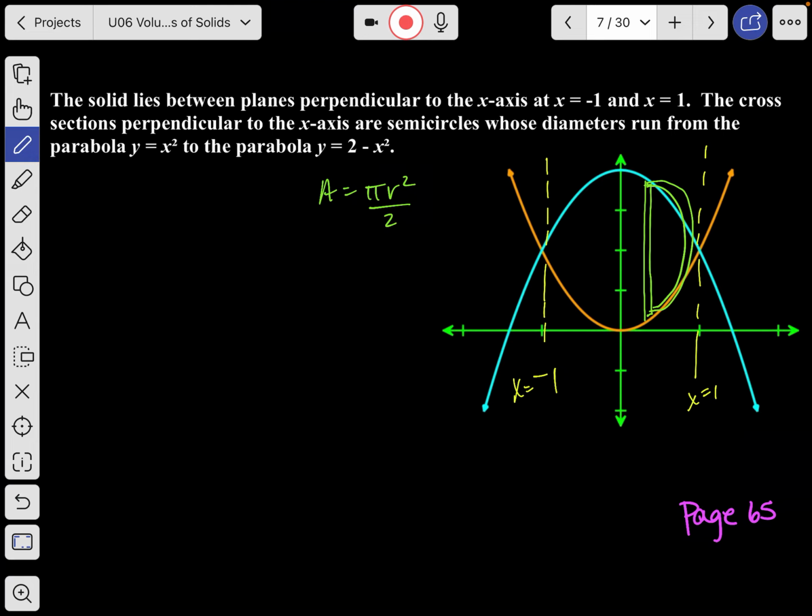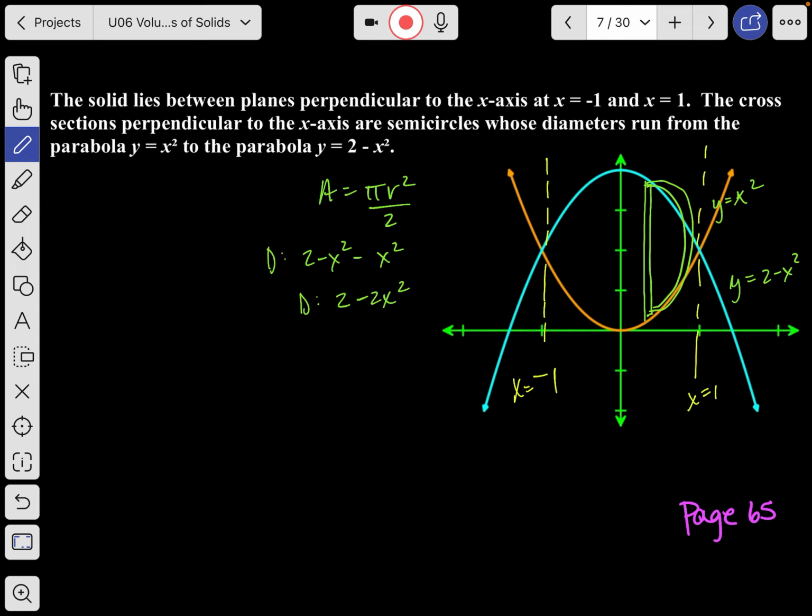We're able to identify the diameter, and the diameter is going to be the top function, which is this negative quadratic, minus the bottom function, which is just y equals x squared. It's a positive quadratic. So top minus bottom is going to be 2 minus x squared minus x squared, so it's going to be 2 minus 2x squared.